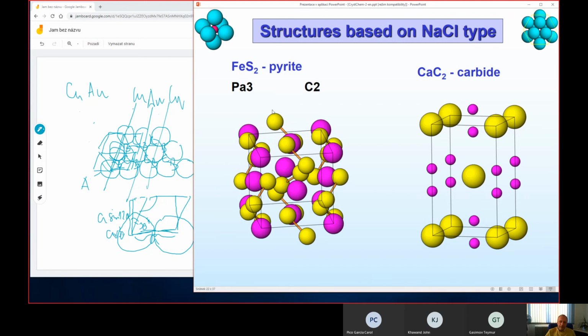For the anion, we have a dimer, S2 2- disulfide anions, and the disulfide anions are arranged in a zigzag pattern such that the resulting symmetry is still cubic. We have a cubic unit cell, but the space group is different. The symmetry is lowered, so we have no face centering, and we also lost some mirror planes.